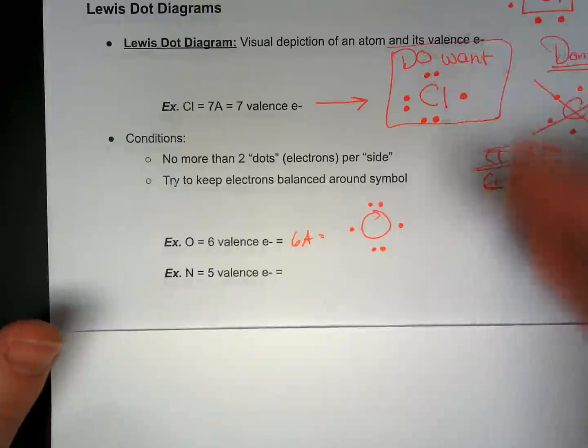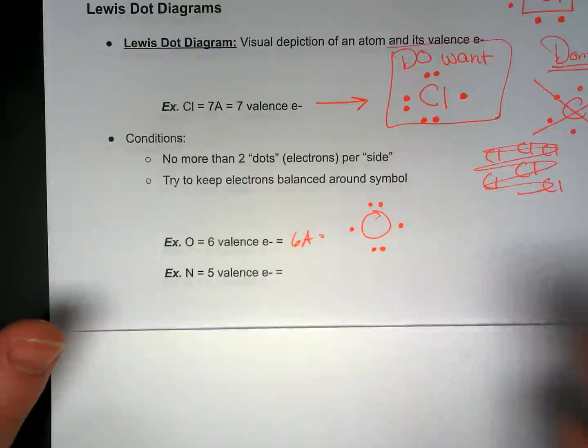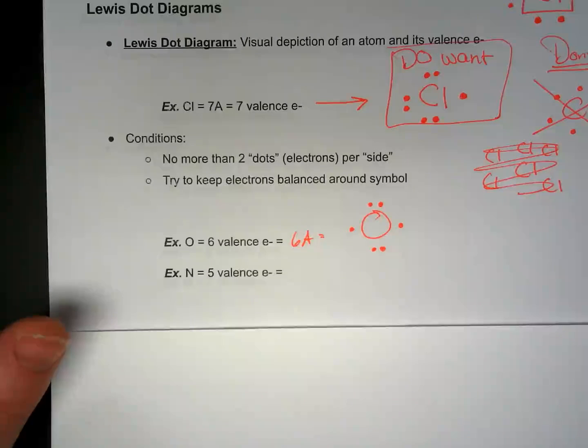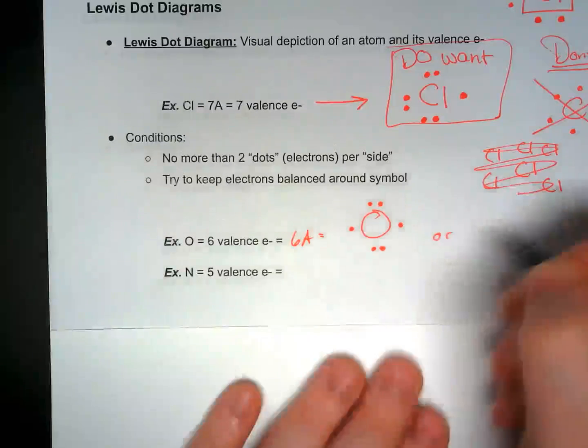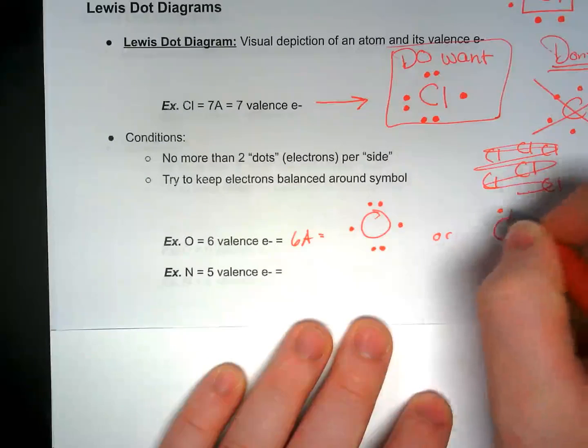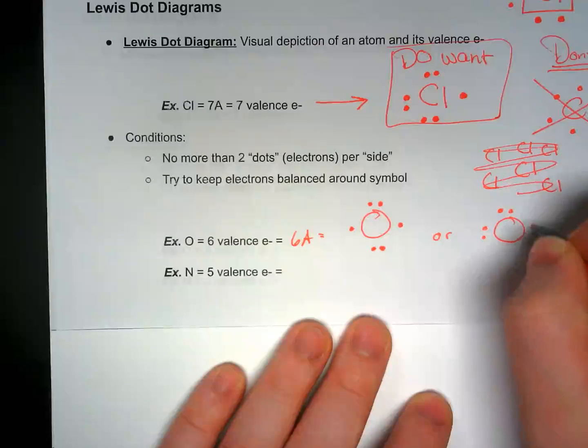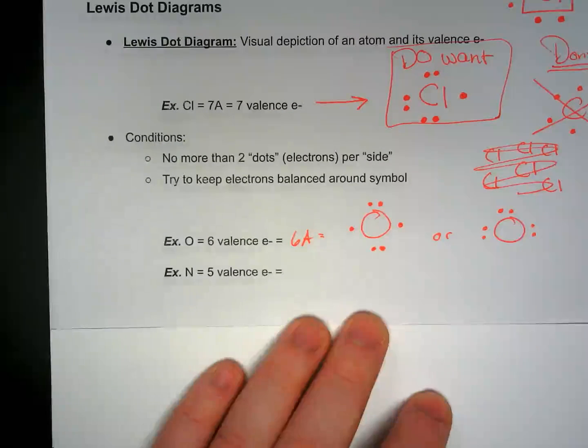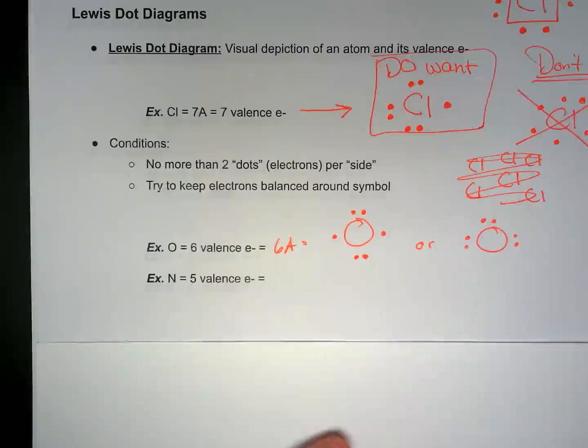I've got 2 up top, 2 below, 1 on each side, and that's okay. Another way you can do it is like this. You could go 1, 2, 3, 4, 5, 6, and that's fine too.